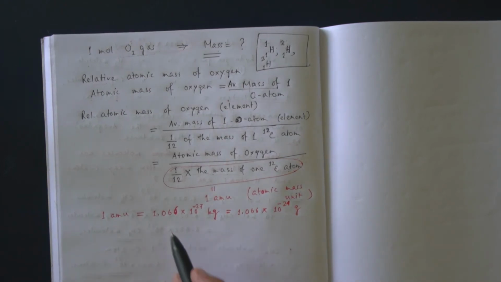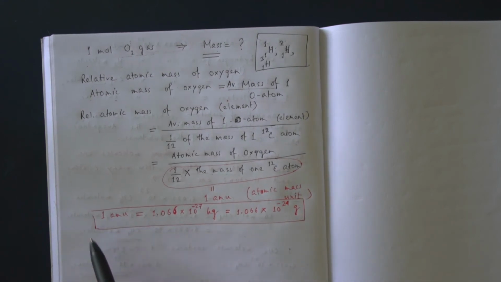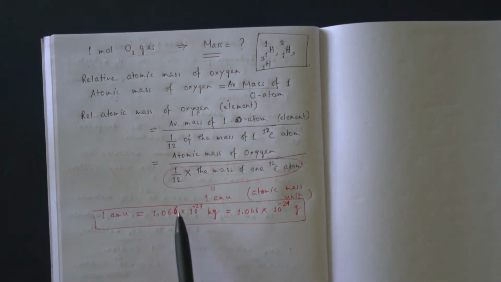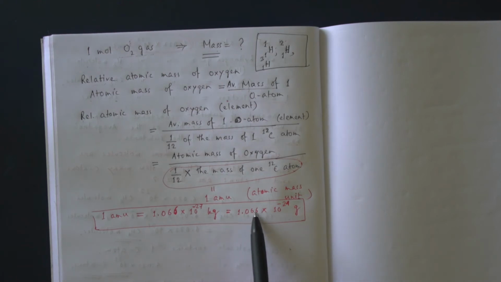Okay, 1 AMU equal to this: 1.66 into 10 to the power minus 27 kg or 1.66 into 10 to the power minus 24 gram.